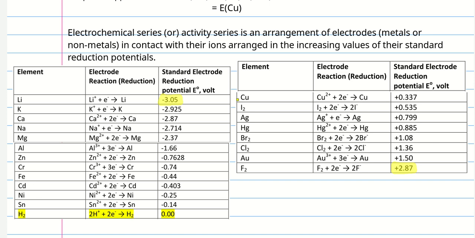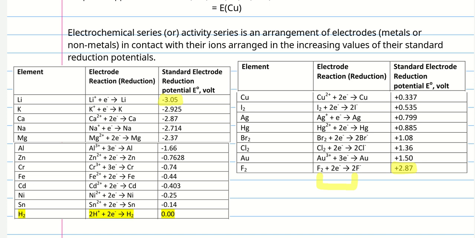A positive value for fluorine suggests that fluorine has a greater tendency to go from F to F minus. That means fluorine has a greater tendency to accept an electron.